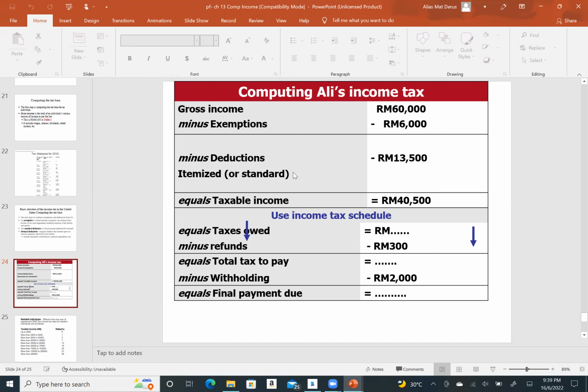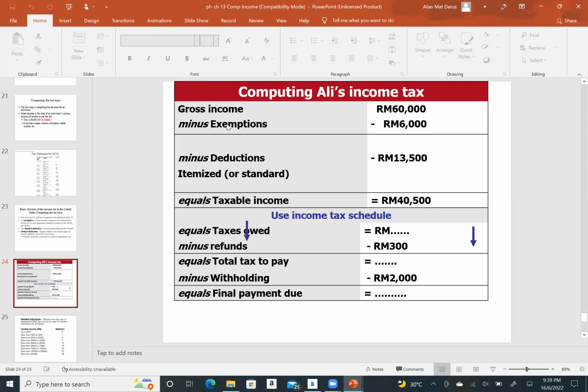So you have a fixed amount of exemption for yourself. And then there is also exemption for your spouse, and then exemption for children, and then you have exemption for education, and some deduction.